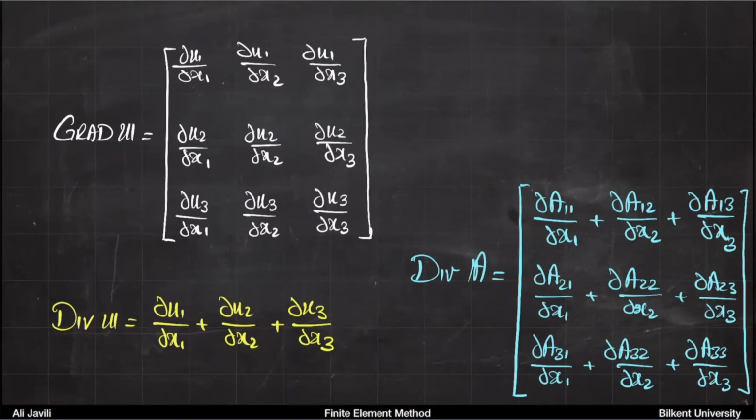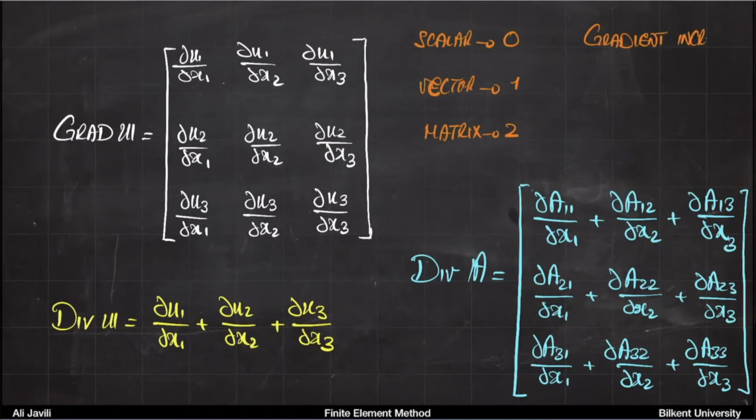So if you think of a scalar to have order 0, a vector to have order 1, and a matrix to have order 2, it seems that the gradient increases the order by 1, and the divergence reduces the order by 1.